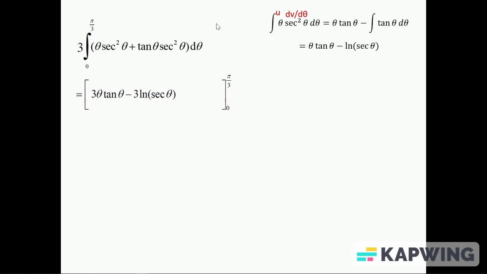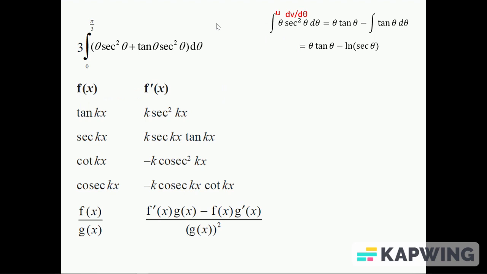And then I've got to integrate tan theta sec squared. So what do I differentiate to get tan theta sec squared theta? Well, if I differentiate sec theta, I get sec theta tan theta. So if I differentiate sec squared, I'll stick the 2 in front, sec theta to the power of 1 less, which is just 1, multiplied by sec differentiated, which is sec theta tan theta, and that gives me 2 sec squared tan, which is what I want, just multiplied by 2.